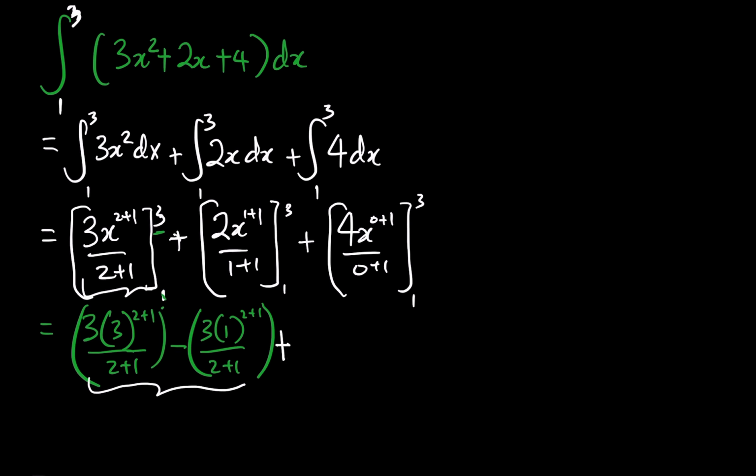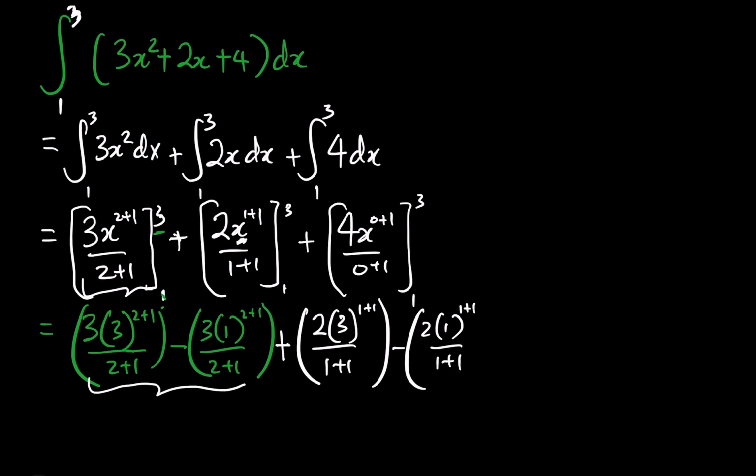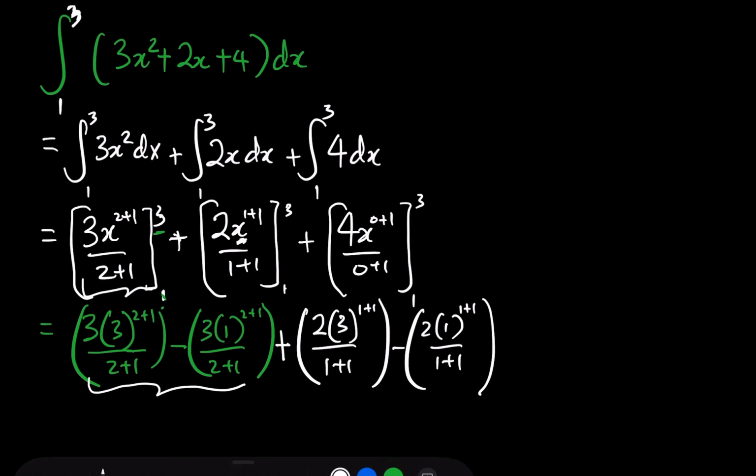So it's going to be plus, same thing, open a parenthesis, and it's going to be 2 into 3. Wherever we find x, we put 3, into 1 plus 1, divided by 1 plus 1. We close it, minus 2 into 1. We put in 1 here, into 1 plus 1, divided by 1 plus 1. And then we close that parenthesis, and we're done with the second part.